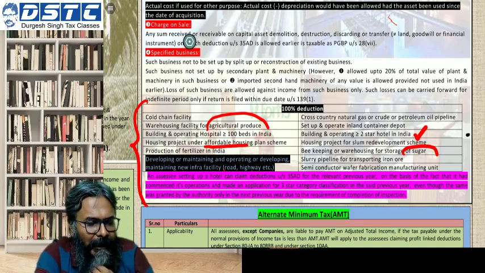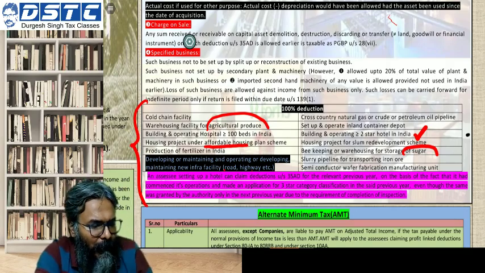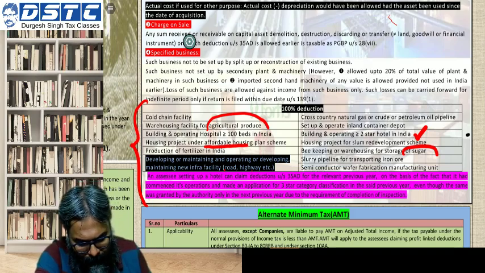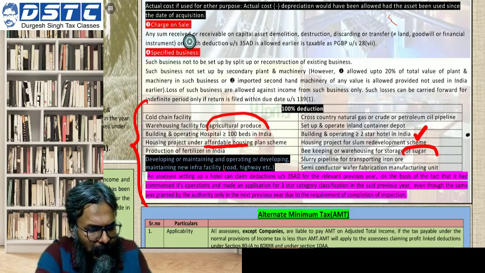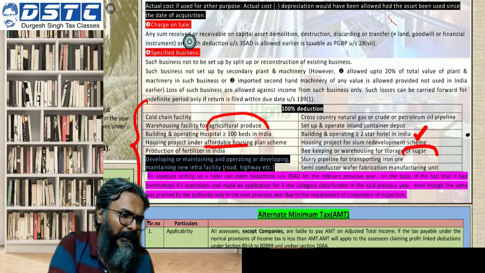Slurry pipeline, and thereafter the semiconductor wafer fabrication manufacturing unit. All of them are also considered specified businesses.